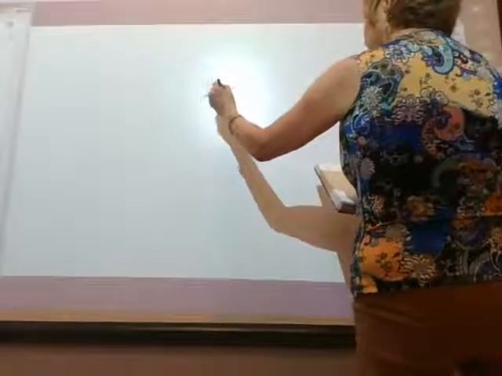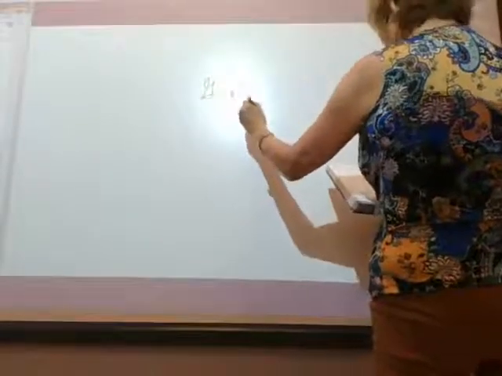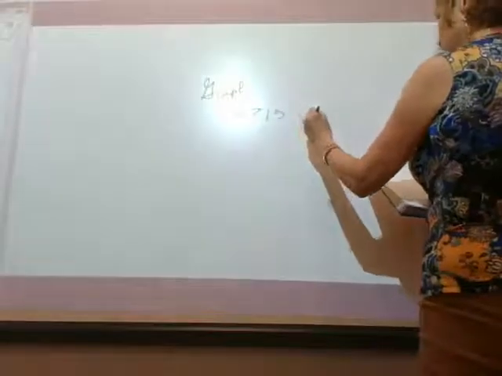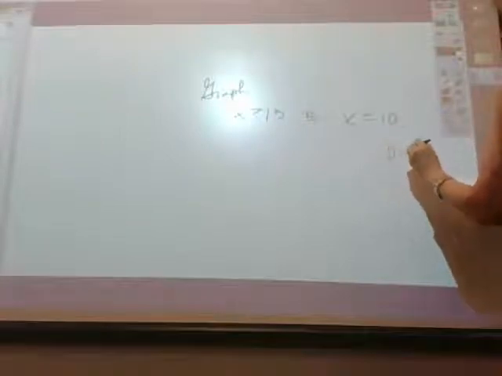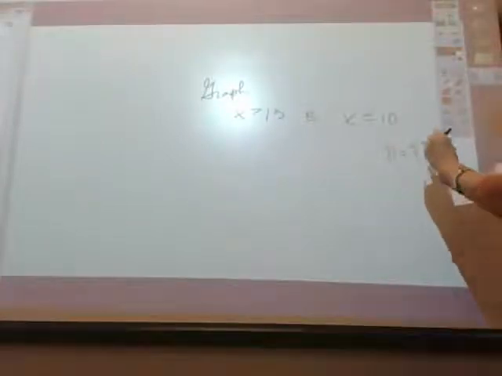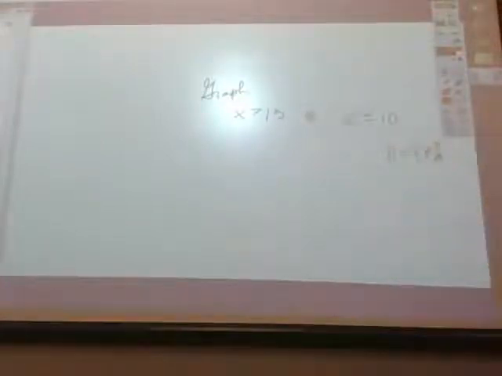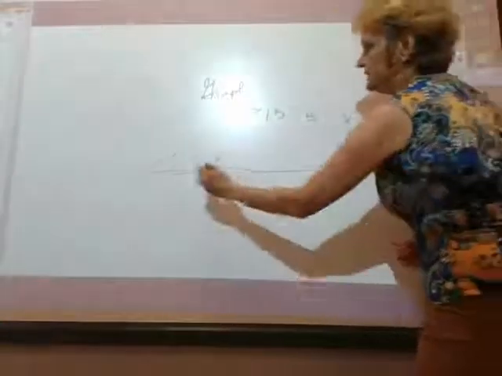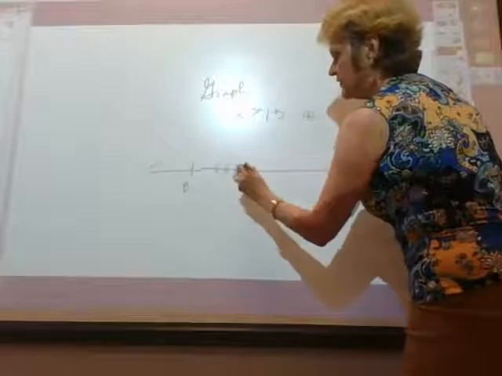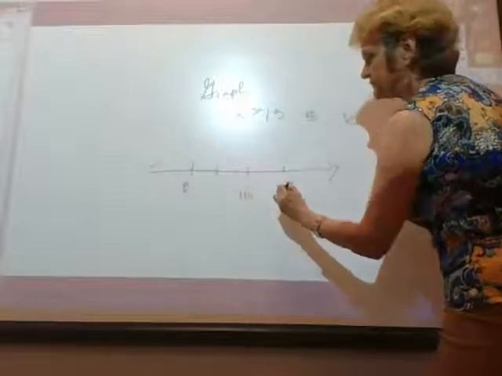All right, and let's look at the next example. We're graphing x greater than 15 or x less than or equal to 10, and the domain are reals. Okay, so those aren't quite so bad because we know they're going to be solid lines. Okay, so in this case, I'd have my 0 here, maybe 5, 10, 15.